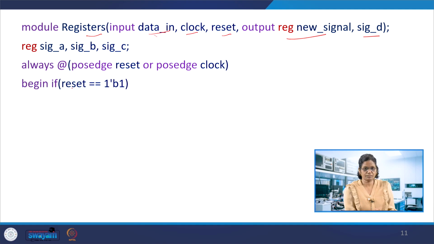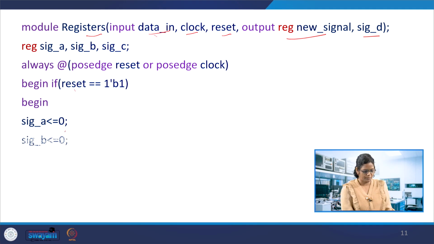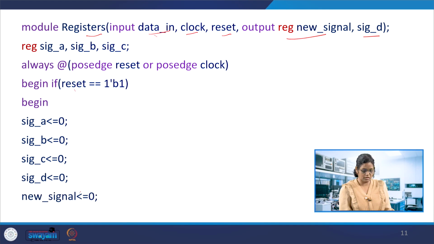Begin, if reset is 1, all the registers should be cleared. So signal A is 0, signal B is 0, all flip flops should be cleared, C is 0 and D is 0, and new signal is also 0. As we are declaring new signal as 0 here, it is inferred as a flip flop.